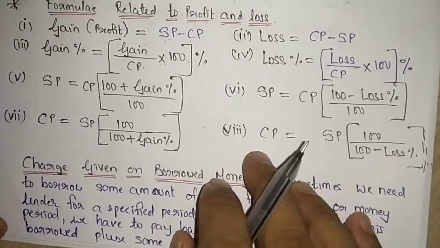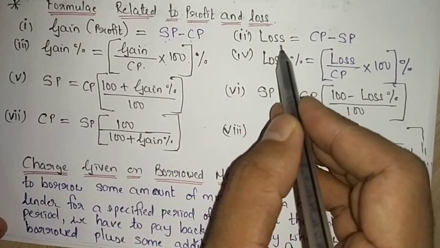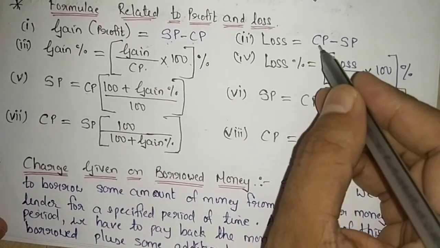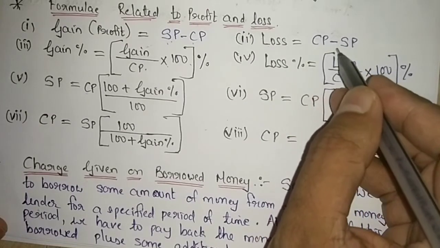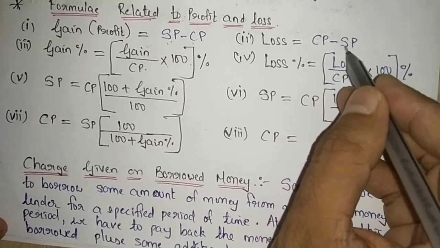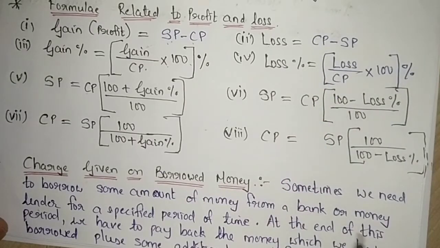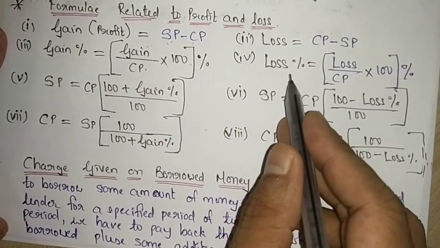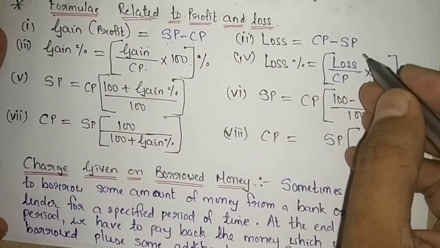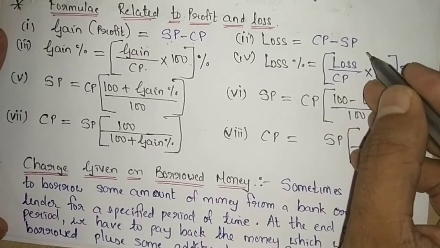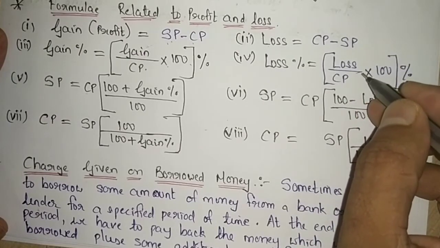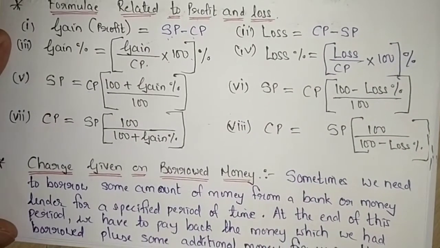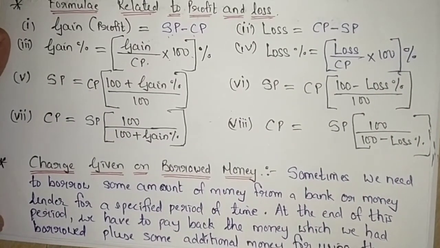Same way for the loss. If it is loss, then definitely cost price will be greater than selling price. So your formula will be CP minus SP, that is cost price minus selling price. Same way as gain percentage, when you are supposed to find loss percentage, you must know how much the loss is and how much the cost price is, and then multiply it by 100 and put the percentage sign, you will get the loss percentage.